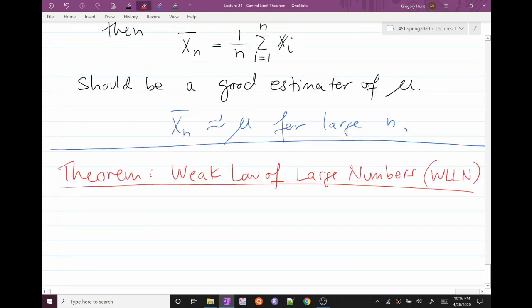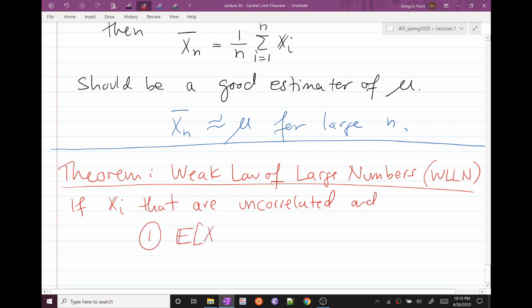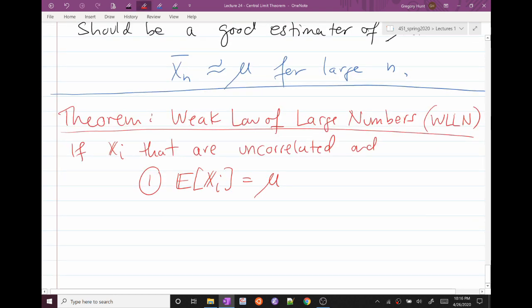The weak law of large numbers says that if we have some x sub i that are uncorrelated, and 1, they all have the same mean, the expected value of x sub i is mu, and 2, the variance of each of these x sub i is finite. So they somehow have a finite variance, and they all share the same mean.